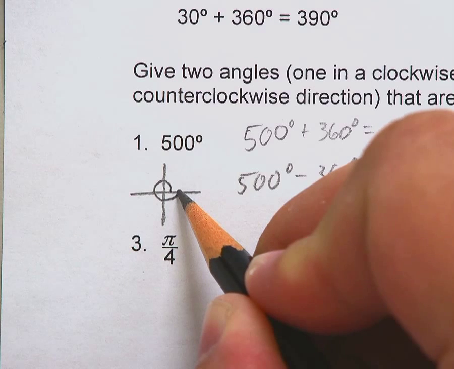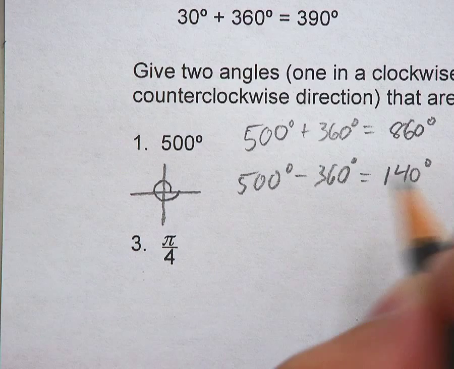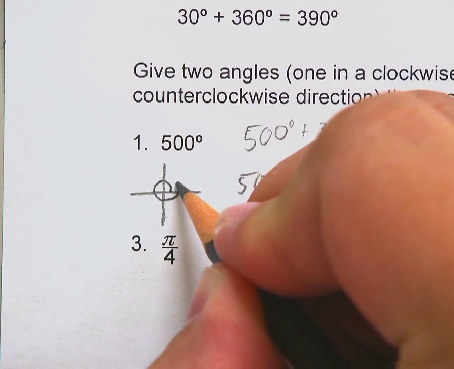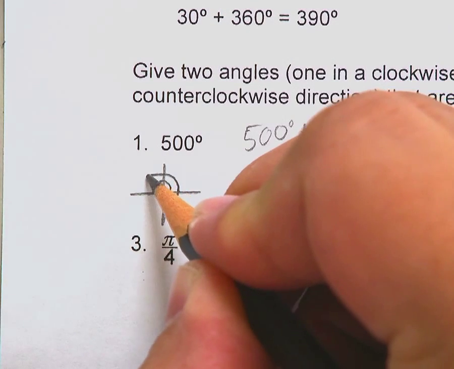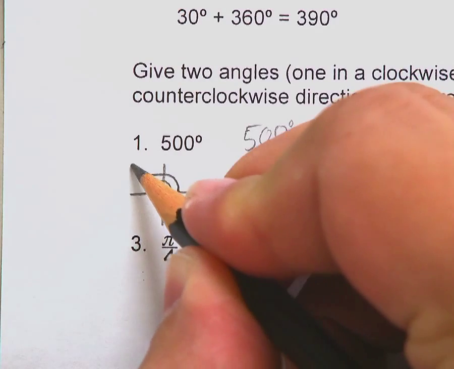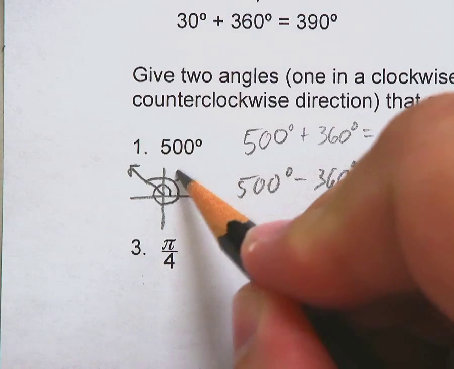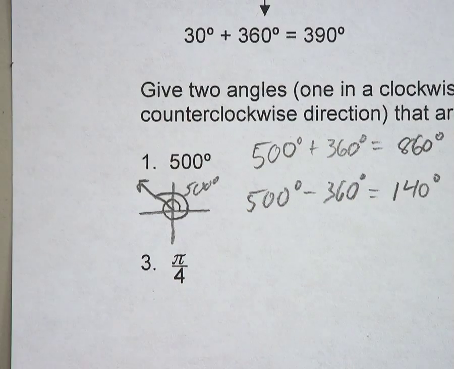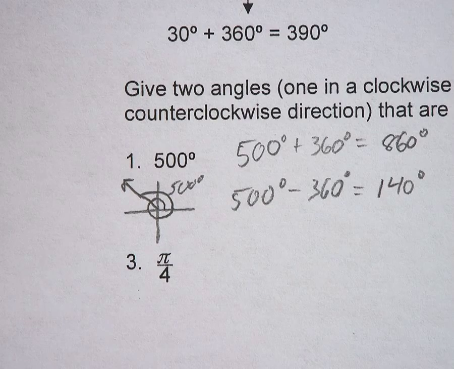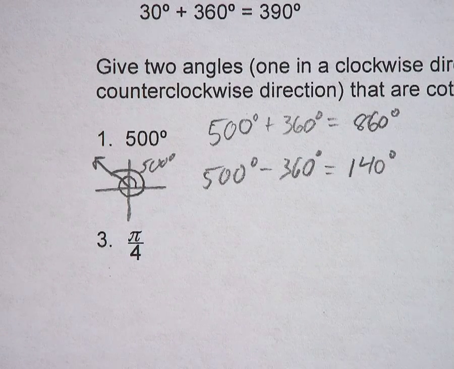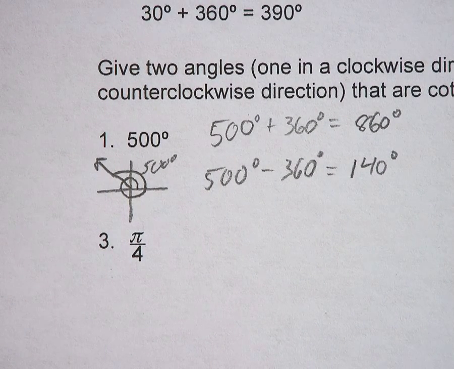The difference between those is 140. So now you go an extra 140 degrees. That angle is 500 degrees. Just like in the X Games, you're not limited to just one rotation. You can do 2 full rotations and get 720 degrees. You can do as many rotations as you want.